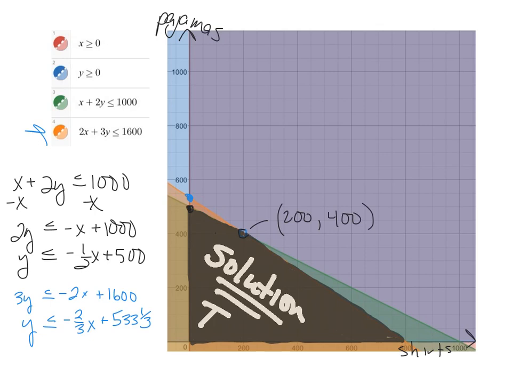Cool? So let's do this. Suppose the manufacturer, this is part of your questions, suppose the manufacturer makes a profit of $10 on shirts and $18 on pajamas. How would it decide how many of each to make? Well, basically the manufacturer wants to make as many as possible, so the maximum should be at one of the endpoints of the shaded region. So we're trying to make as much as possible, so we'd want to go for one of the endpoints of the shaded region.